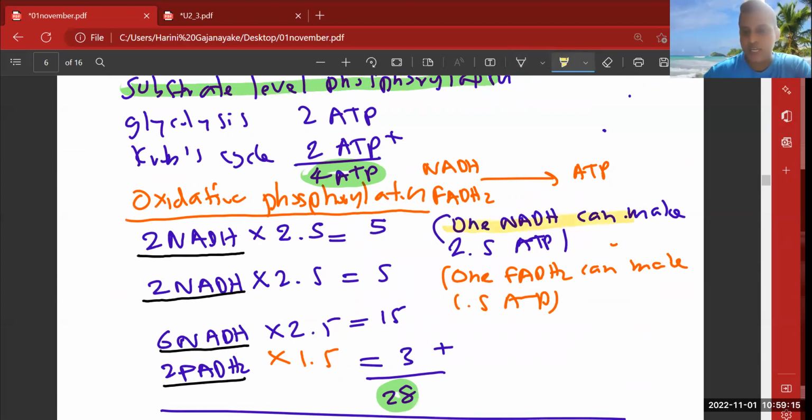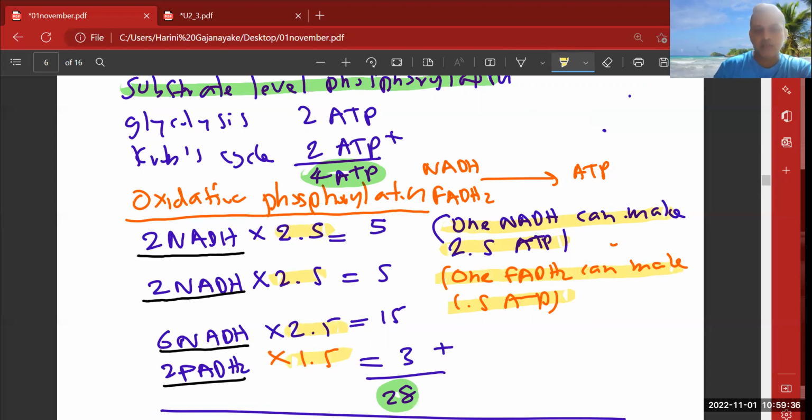One NADH can make 2.5 ATP, one FADH can produce 1.5 ATP. So we always multiply the NADH number by 2.5, and FADH by 1.5.